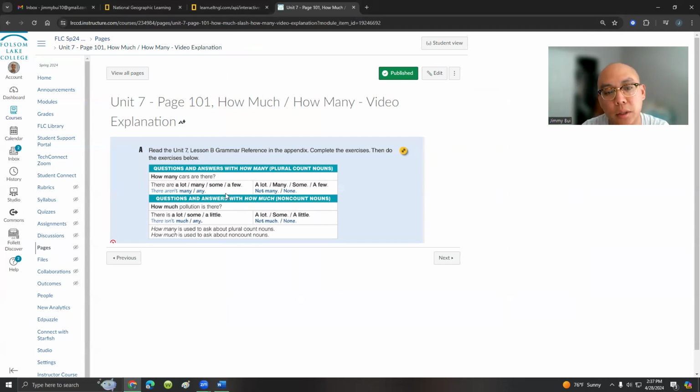A few is usually two or three or four, right? For negative, you can use the word any, and for questions, okay? And I'll show some examples. With non-count nouns, you cannot use words like a few, okay? You will use a lot, some, a little, and much.